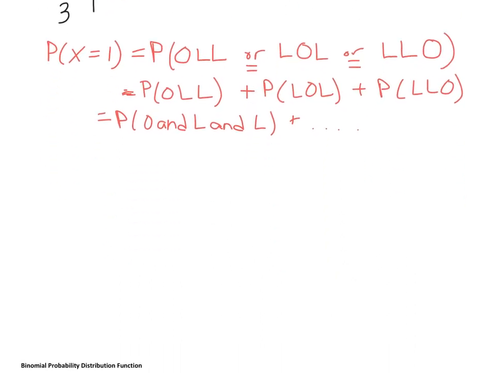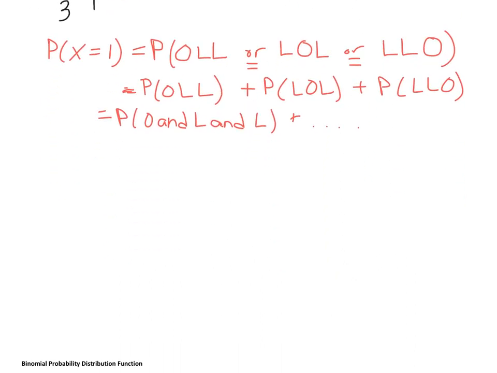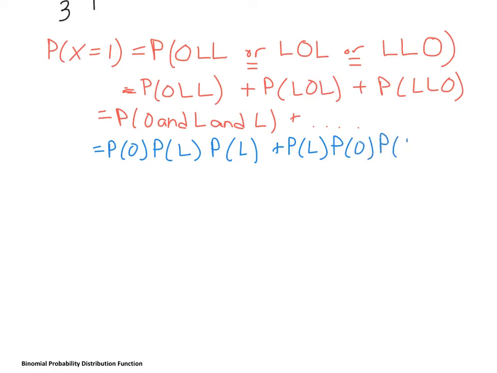Multiplication. So this is really the following. I'm going to switch colors. This is the probability of being on time times the probability of being late times the probability of being late, etc. And really, these three products each have the same factors.